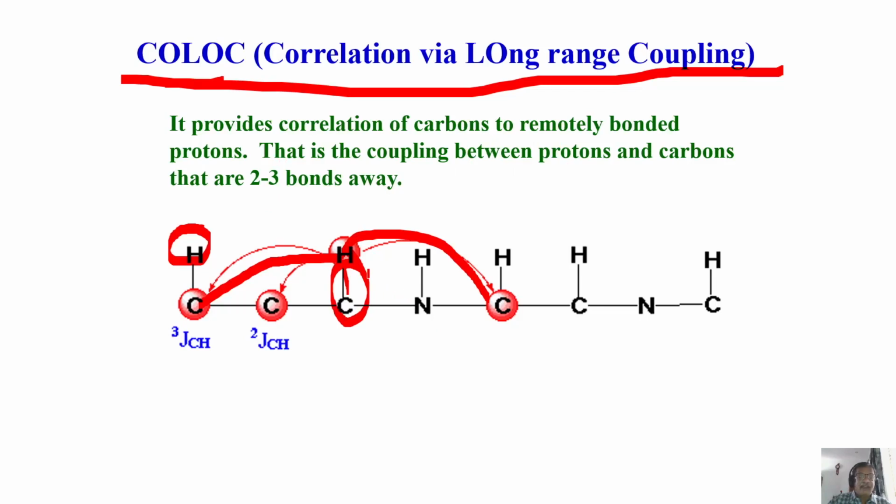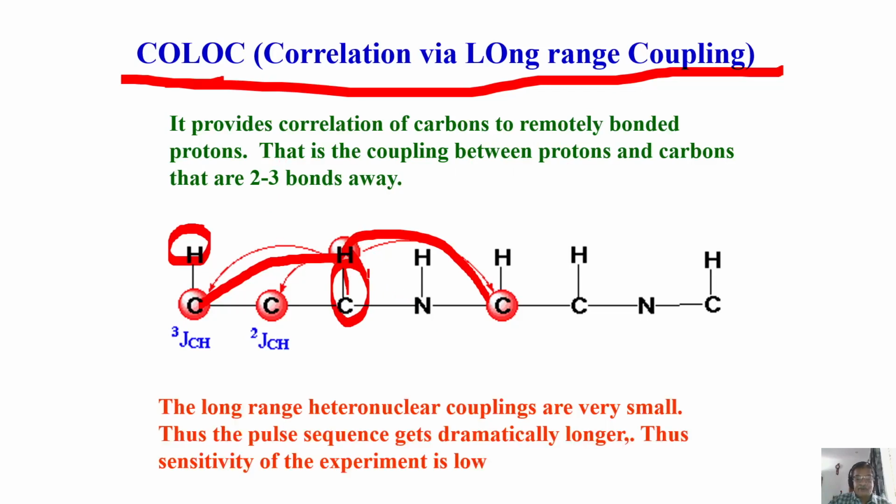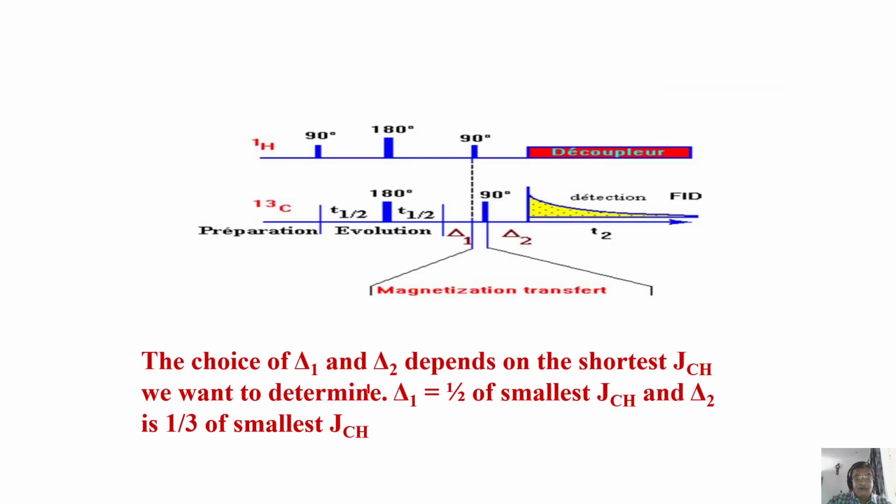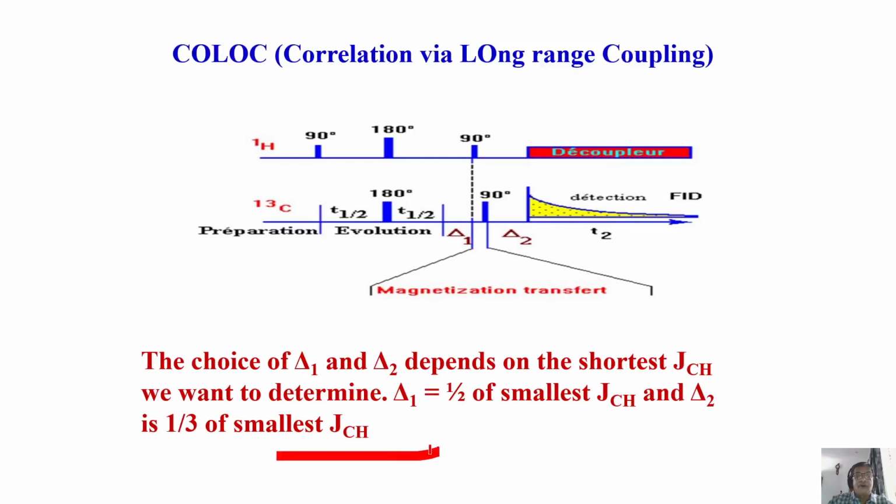We can efficiently suppress that while doing the experiment. Okay. But it is a very low sensitivity experiment in this case, so it is not easy to do. So COLOC, this is the pulse sequence, and you can understand this is a very nice experiment. You can go back and see it is similar to your HETCOR experiment.